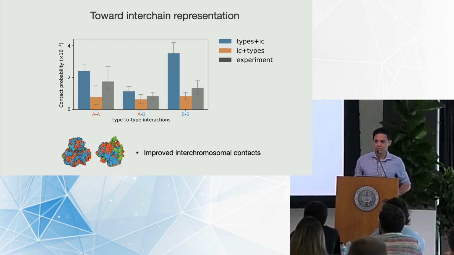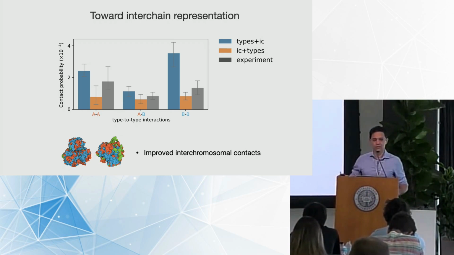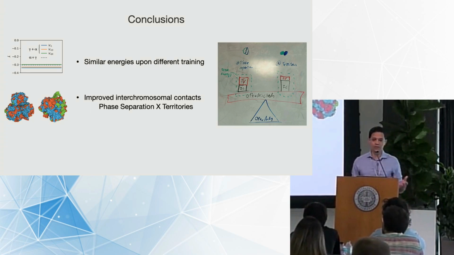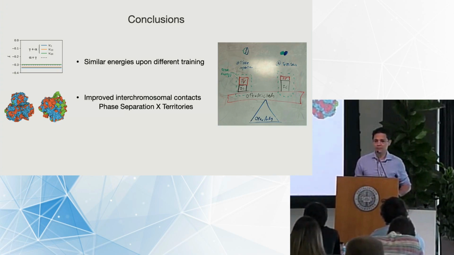So this is a first attempt to represent the interactions between the different chromosomes. It's not perfect. We can make a lot of improvements here, but at least we have a better understanding of the different mechanisms that the model can handle, like compartmentalization and lengthwise compaction. And with that, I want to conclude that I also did lots of different parameter optimizations with this model, and roughly I got the same average energies, so different routes lead to Rome.